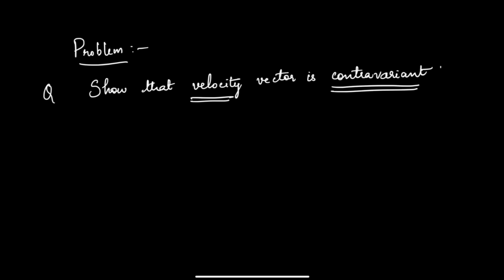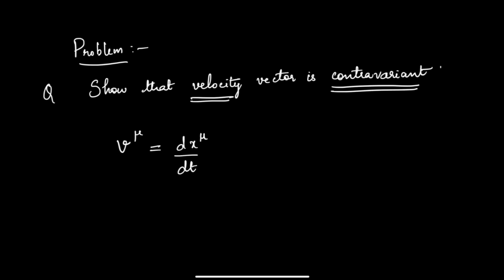So first I will define velocity v. Now it is a vector, so I have to write an index: v mu. Velocity v mu is dx mu by dt, because velocity is defined as the rate of change of displacement.